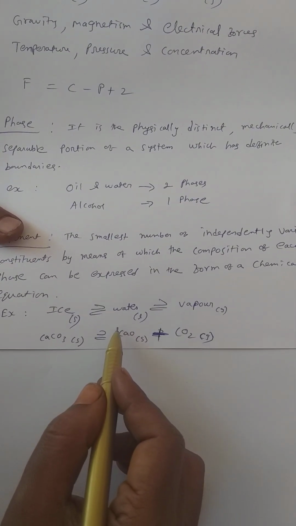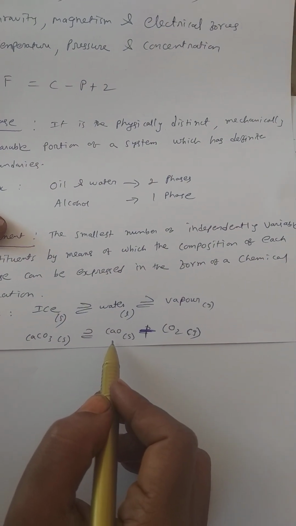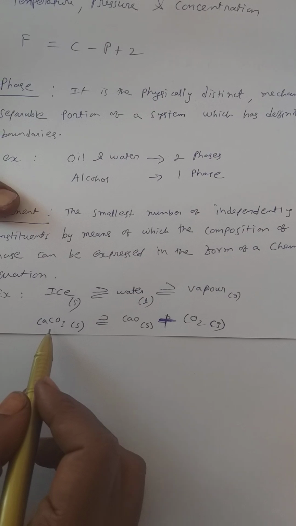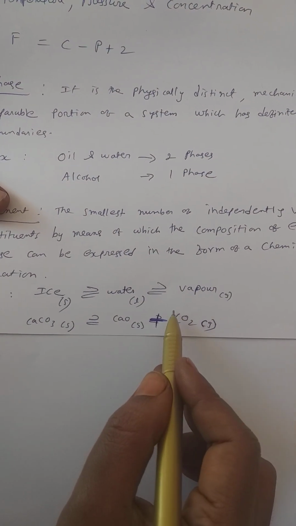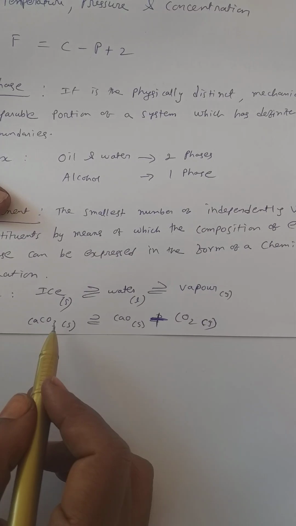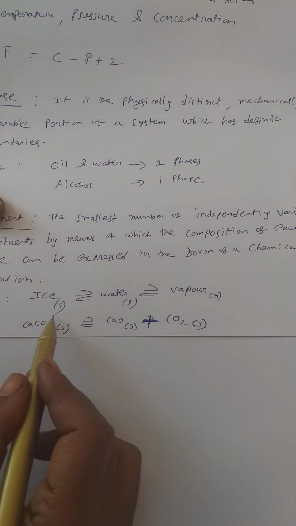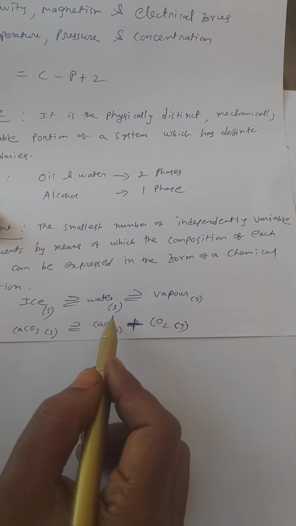If this phase has to be explained, then we require calcium carbonate and carbon dioxide. Likewise, to explain the carbon dioxide phase, we require the components calcium carbonate and calcium oxide. So therefore, to define each phase, we require the other two components.